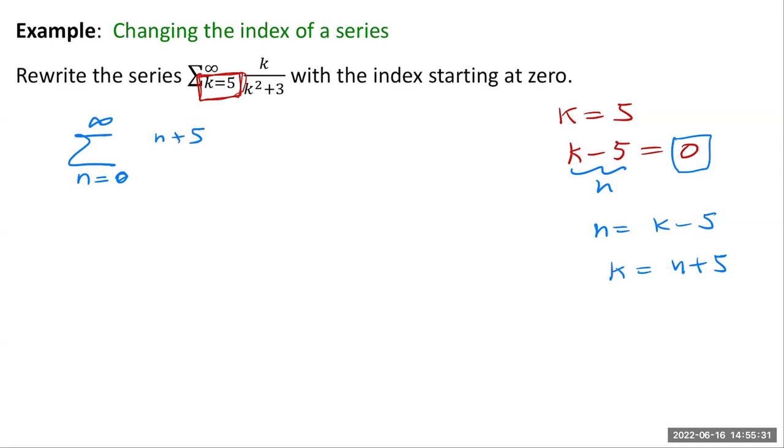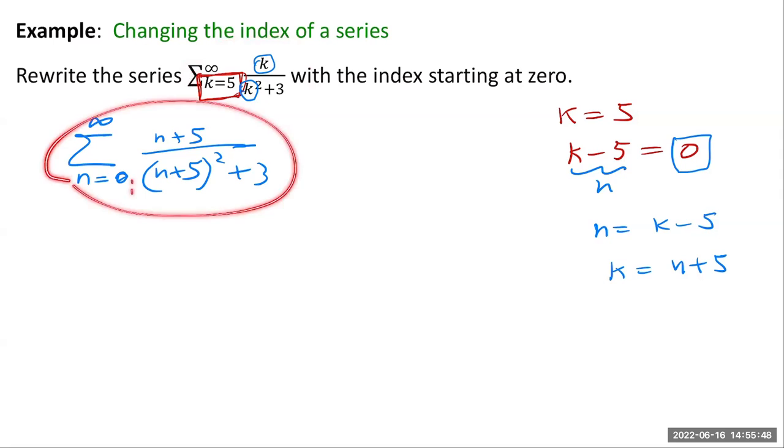N plus 5 should be on the top, and in the bottom you should have n plus 5 squared plus 3. All I did was replace my k by n plus 5. If you expand this series and the original series, you should see that the terms are exactly the same. All right, that completes that example.